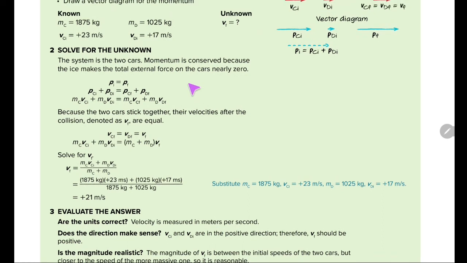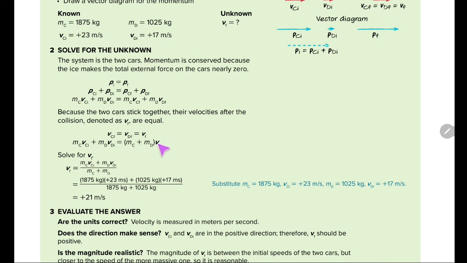In the question, after the collision, the velocity of the first car is equal to that of the second car, which is V final. So we can write our equation like this: mC vC initial plus mD vD initial equal to mC plus mD, all multiplied by V final.